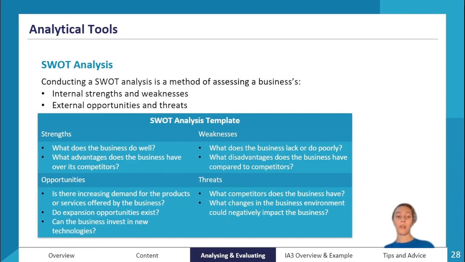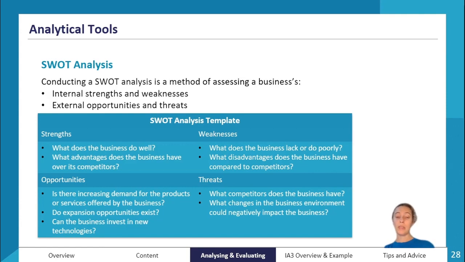And can the business invest in new technologies? That's something that we see all the time. Things like artificial intelligence and all of those technologies that are emerging along with that, they are opportunities that businesses can take advantage of to improve efficiency, improve their offerings for customers and the experience that customers have.